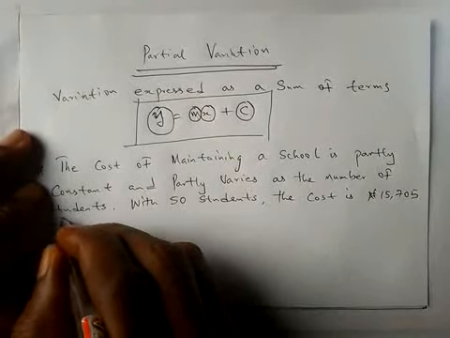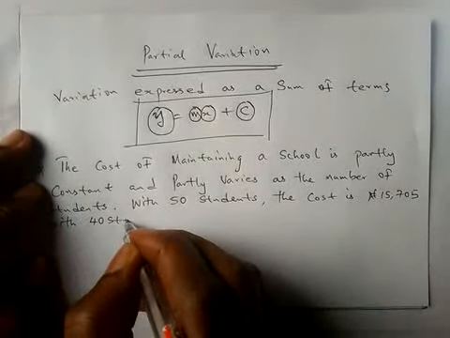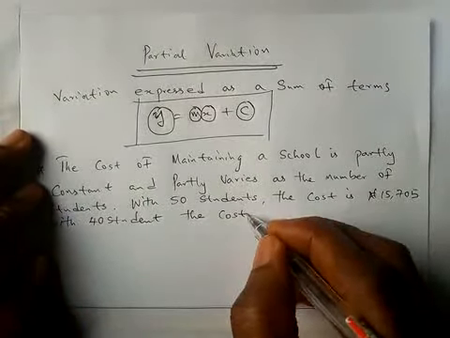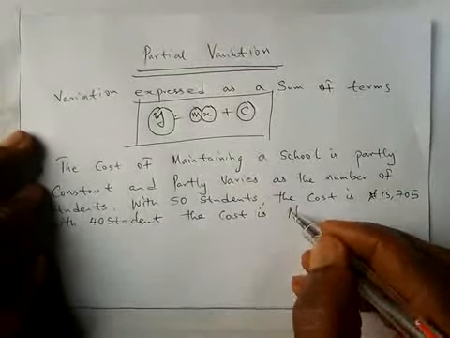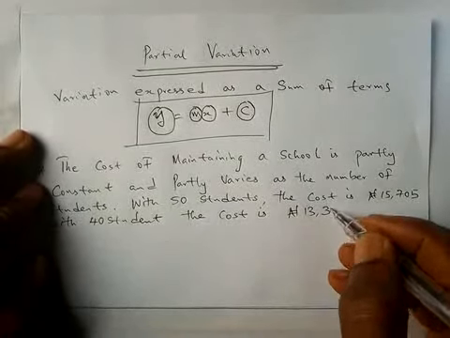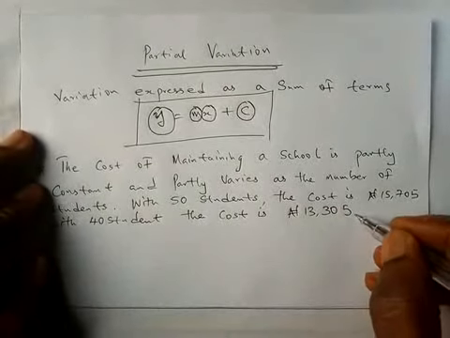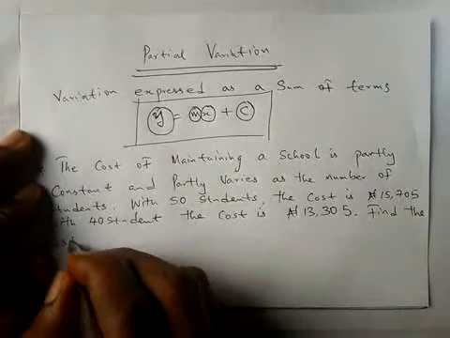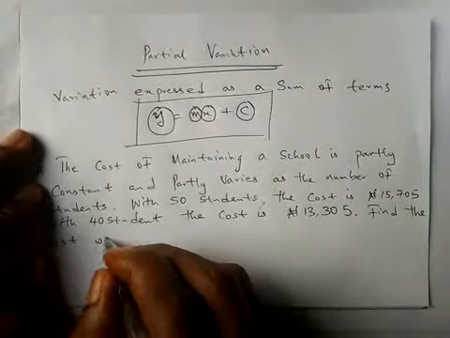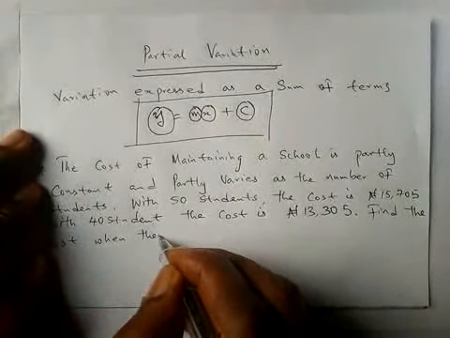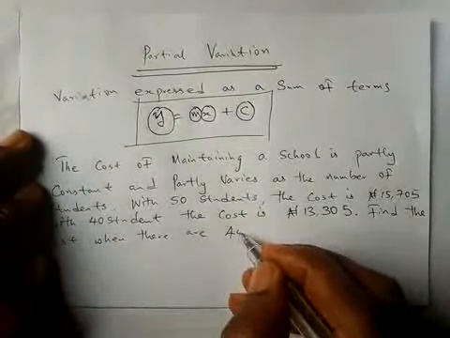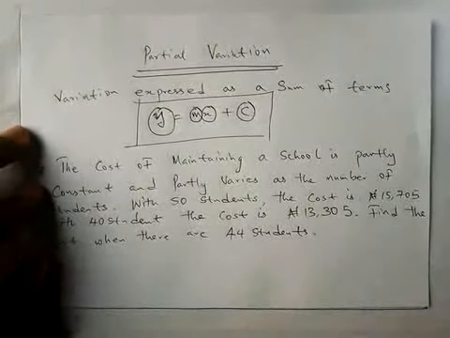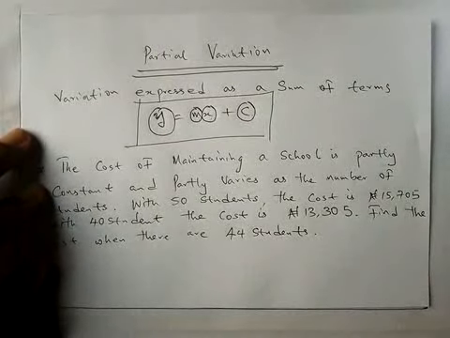Then with 40 students, the cost is 13,305 naira. It says find the cost when there are 44 students. Okay, find the cost when there are 44 students.